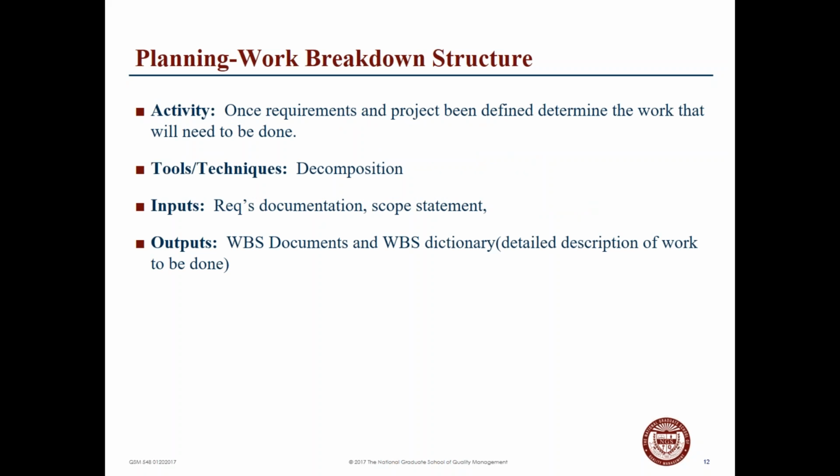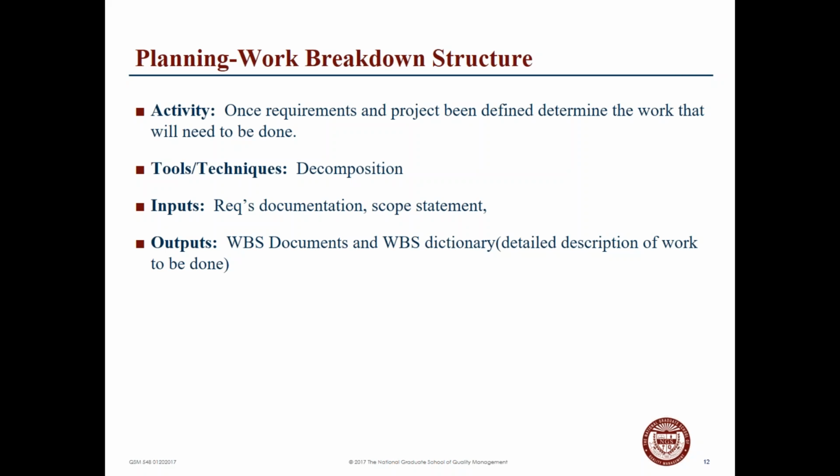So let's talk about rolling up our sleeves and getting into the planning phase, and we want to look at what we call WBS, work breakdown structure. Once the requirements have been finalized and you have agreement among all parties, particularly yourself, the champion and your stakeholders, once those things have been defined for that particular project, then you need to look at, okay, what's the work that needs to be done?